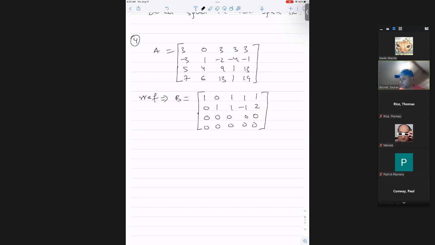So first we determine the row space, column space, and rank. Same like we did in class. I think some of you missed this class.